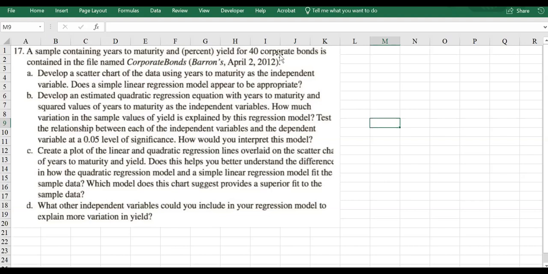Corporate bonds, I'm sure you know, are a fixed income security, which means you pay something upfront, and then every year, every 6 months, every quarter, depending on the term of the bonds, you, as the owner, get a fixed amount of money from the issuer up until an expiration date.